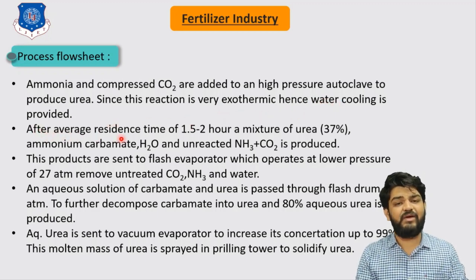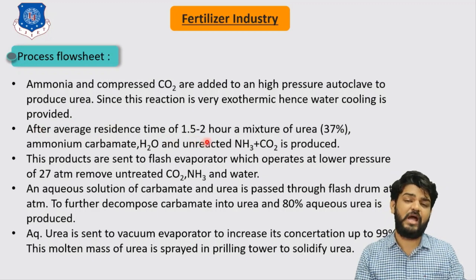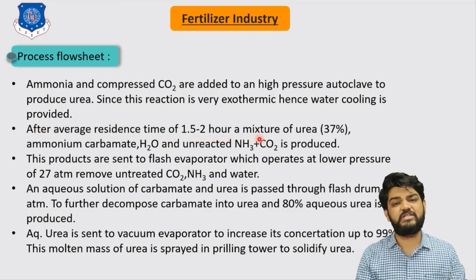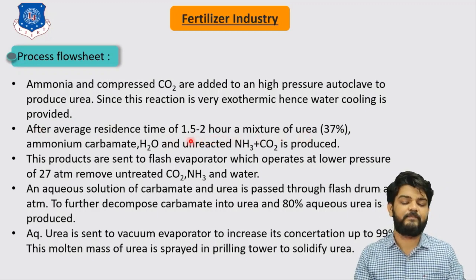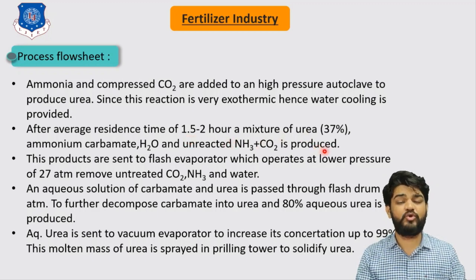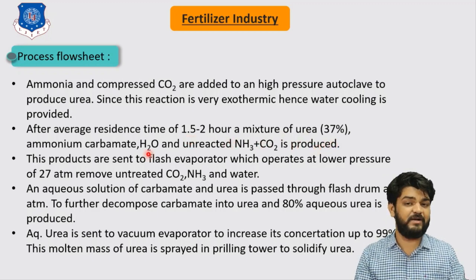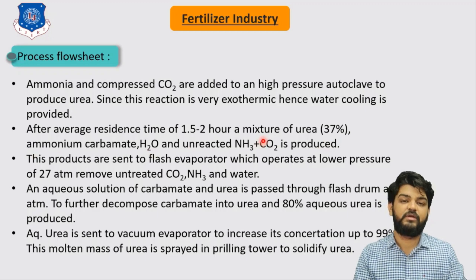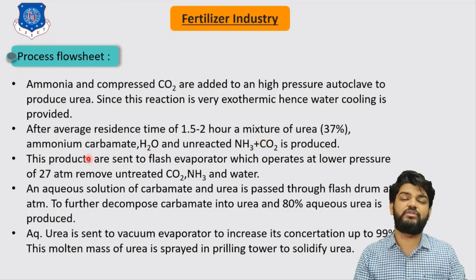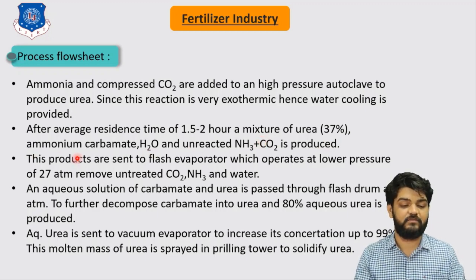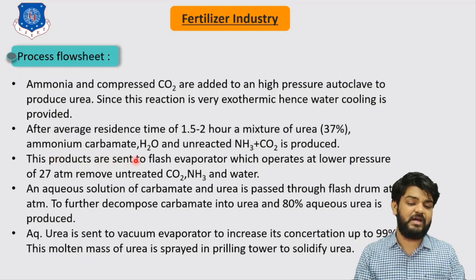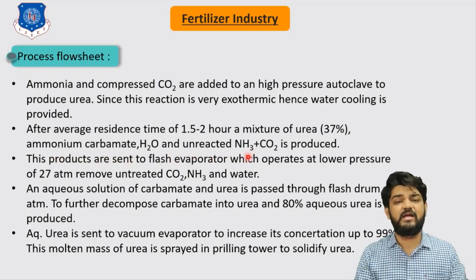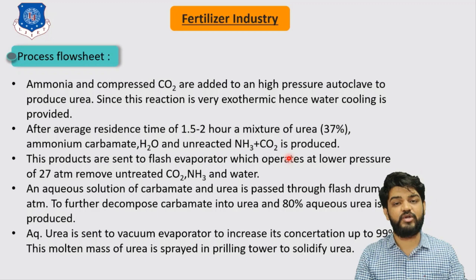Then an average residence time of 1.5 to 2 hours is given in order to achieve 35 to 37% conversion. And ammonium carbamate, H2O, and unreacted carbon dioxide and ammonia are produced.